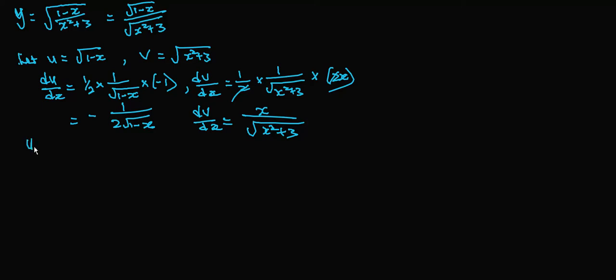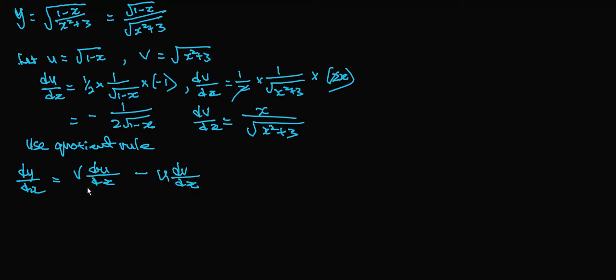Okay, let's use the quotient rule. dy/dx equals v du/dx minus u dv/dx over v squared. Okay, now let's do it over here. v is square root of x squared plus 3.